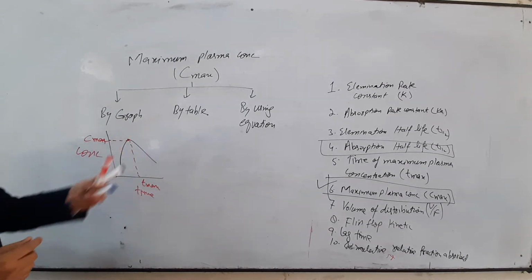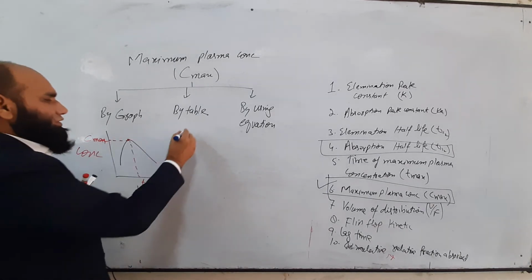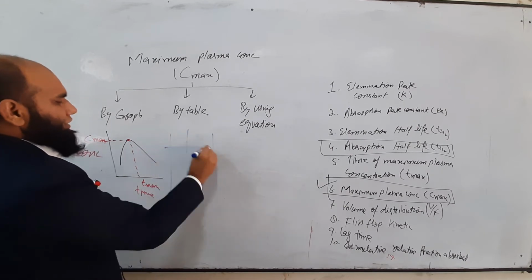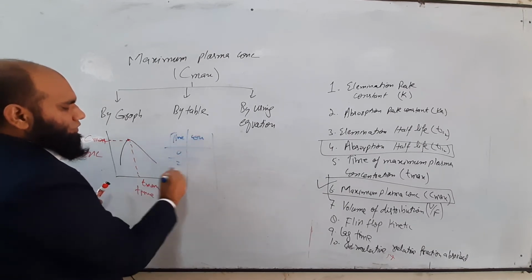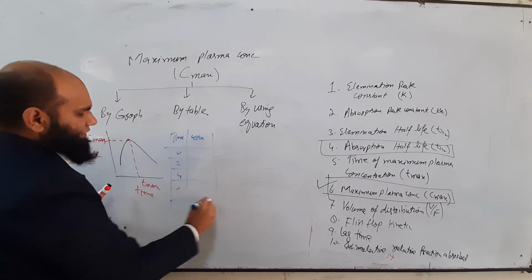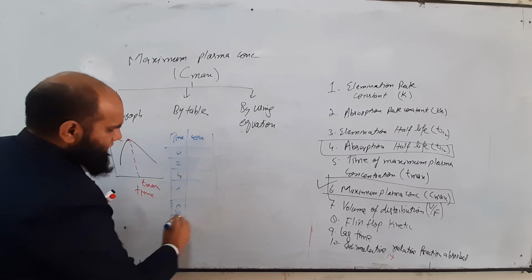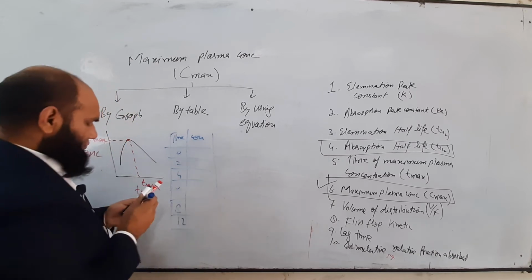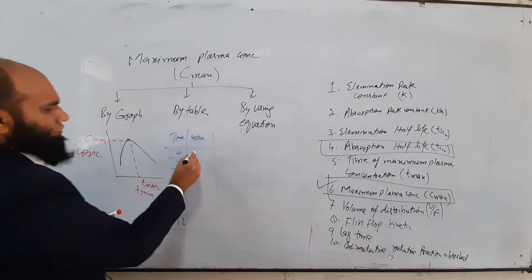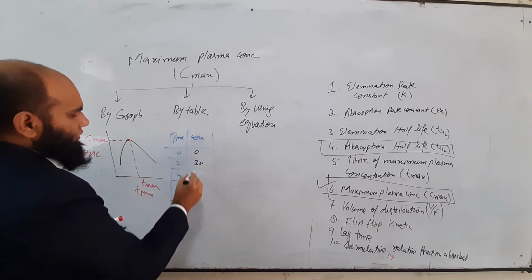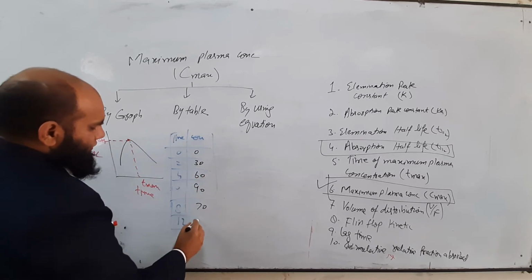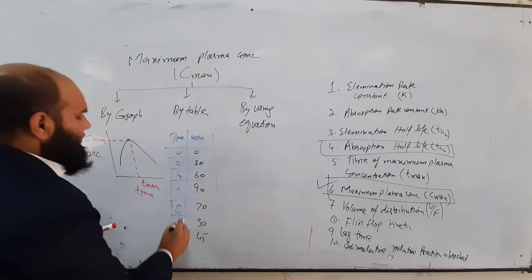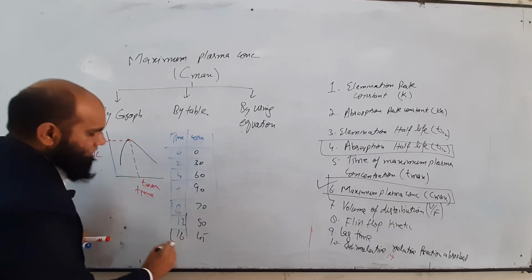And by using the table, once again we will construct a table between the time and the concentration. Time: 0, 2 hour, 4 hour, 6, then 8, then 12, and 16 hour. At 0 hour, the concentration is 0, then 30, 60, 90, 70, 50, 40, and 5 at 16 hour.